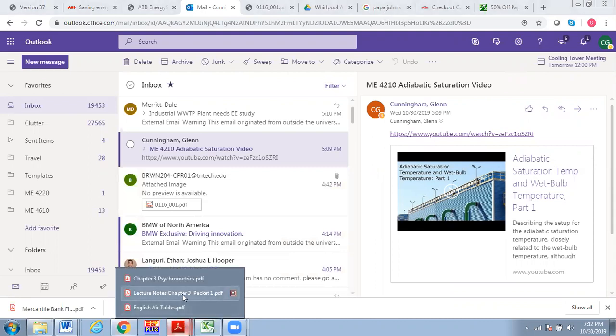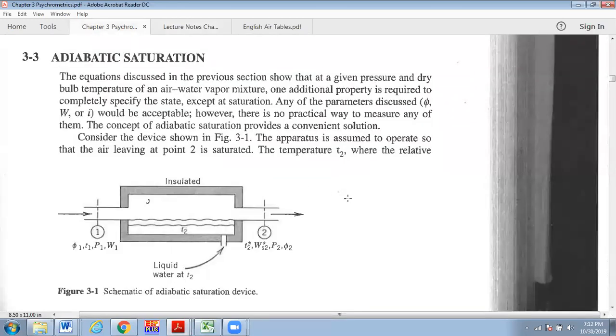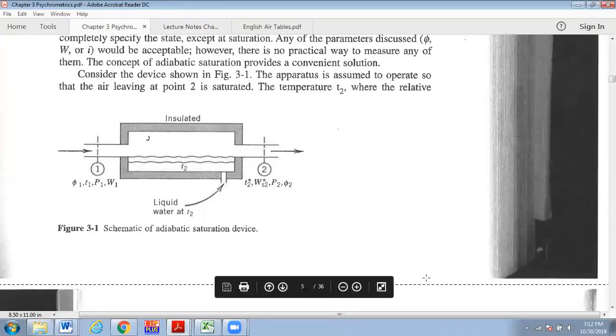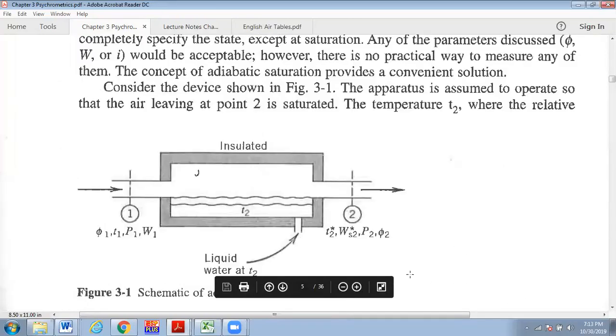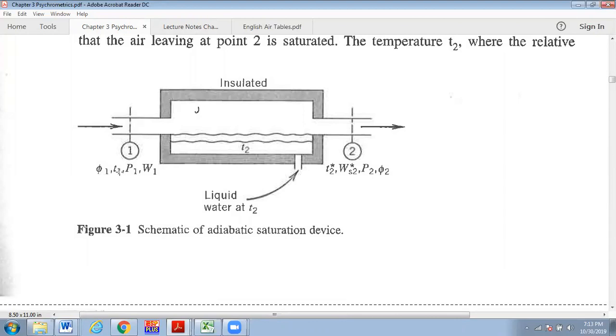So now this is the same thing, so we can go through it really quick since you've already seen the derivation. The only thing that changes is the nomenclature, which is a little different in the textbook. Phi is relative humidity, small t sub 1 is dry bulb temperature, and this is pressure, which is typically atmospheric pressure; pressure doesn't really come into the discussion very much.